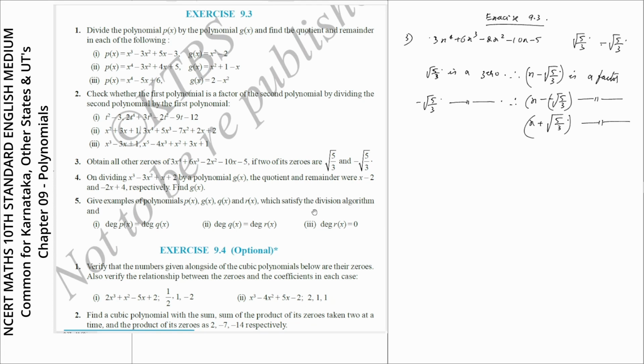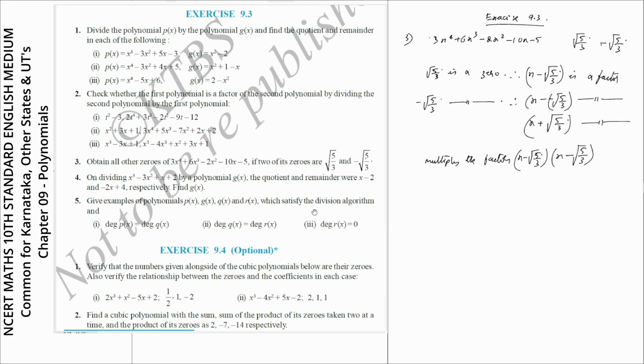Okay, now I'll multiply these two factors. Multiply the factors x minus square root of 5 by 3 into x plus square root of 5 by 3.